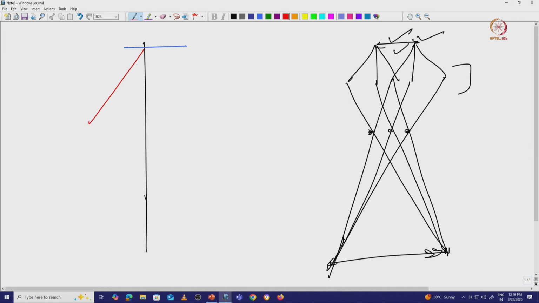It will go in a very symmetric way, and then the electron beam comes like that and converges in one particular point.